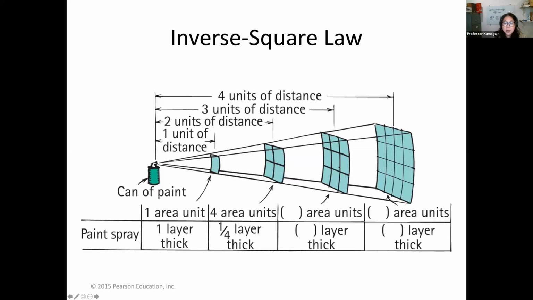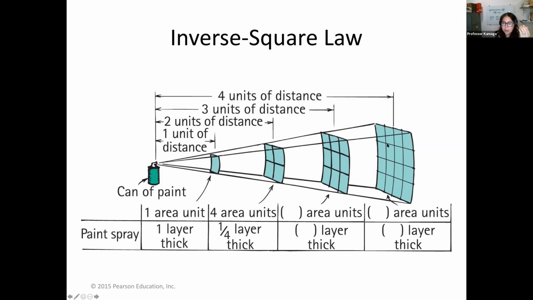If you move it 3 times farther from the can, to cover the same amount of ink that comes out from the can, now how many areas do we need? And therefore, how much is the saturation, the intensity of the color for each unit paper? Let's move it to 4 times farther from the can.